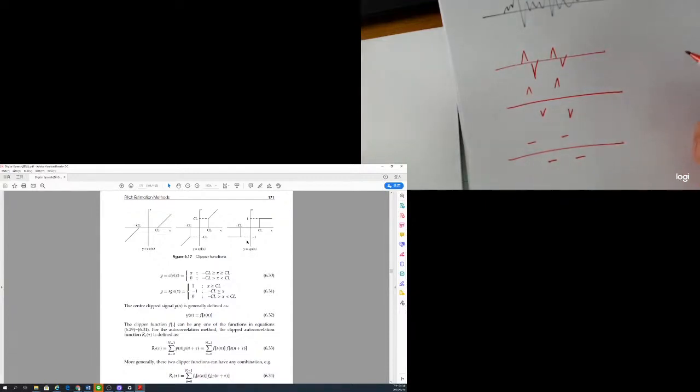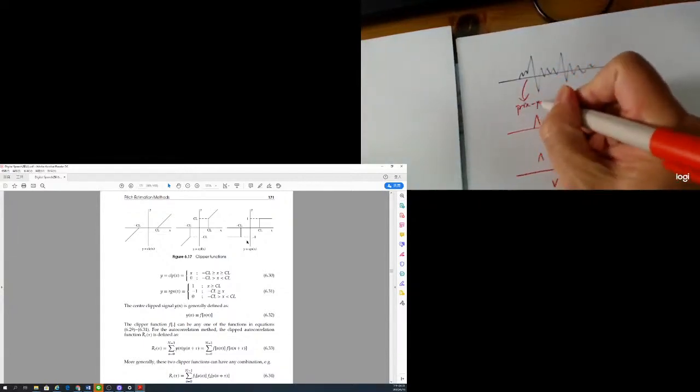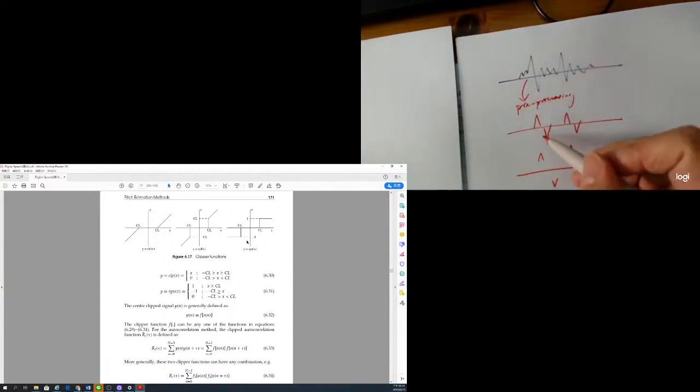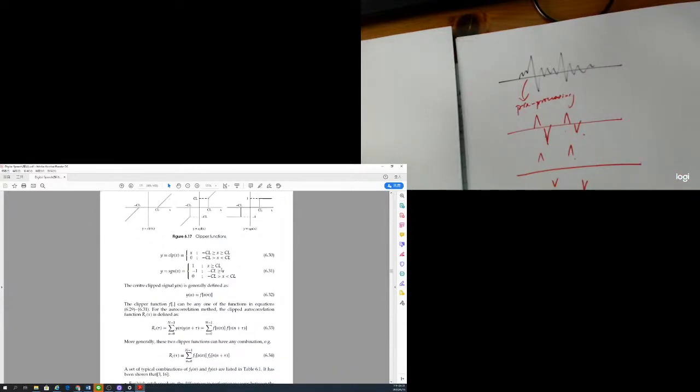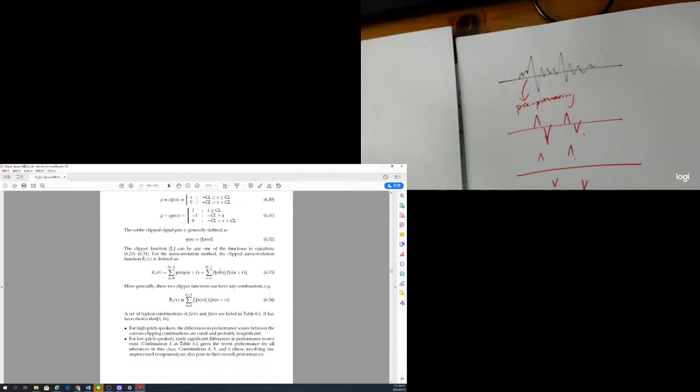So they use the original waveform and do some pre-processing to get the signal. Based on the pre-processed signal, we try to find the pitch. That can make your pitch detection more reliable, because sometimes we have a lot of noise and an envelope shape, so you can make them more robust.